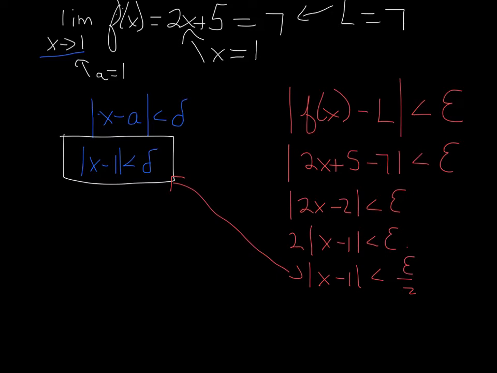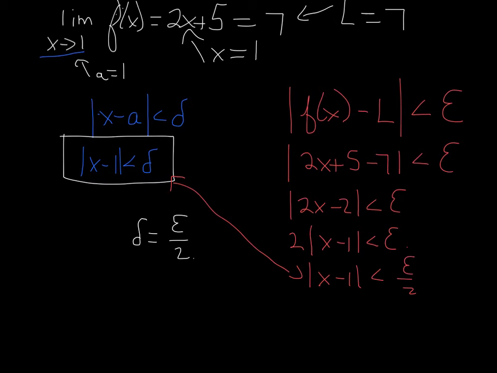And so what that allows us to do is to conclude that in this example, as long as I choose a delta that's epsilon divided by 2, or 1/2 of the epsilon value, or smaller, this definition will always be true. And so the epsilon delta definition proves that our limit exists for this function.